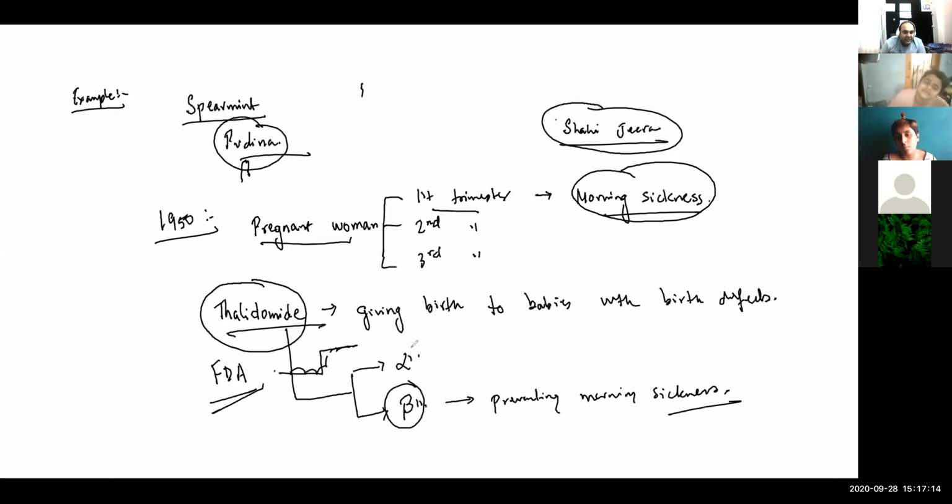And the other, it was interfering with the DNA of the babies.